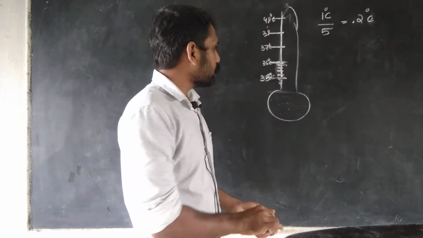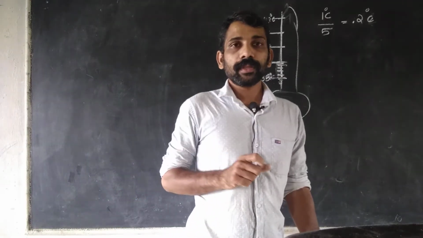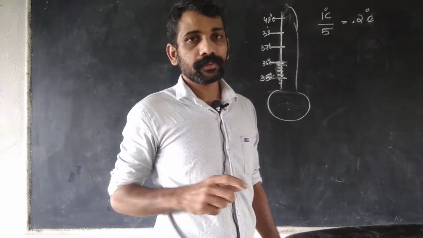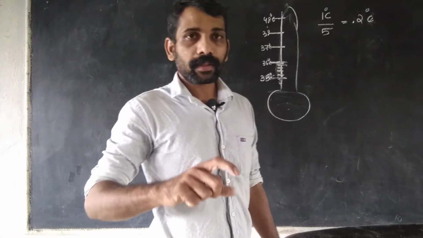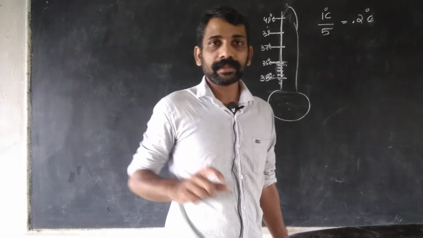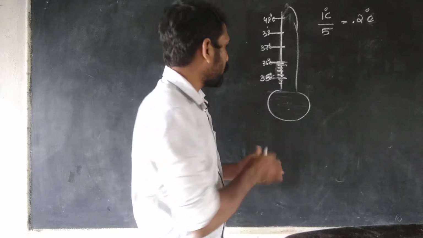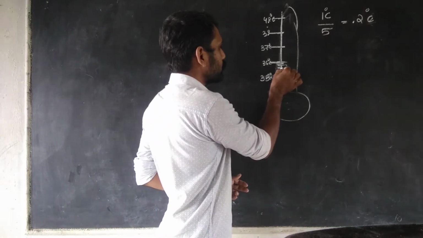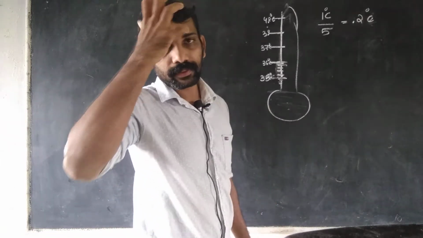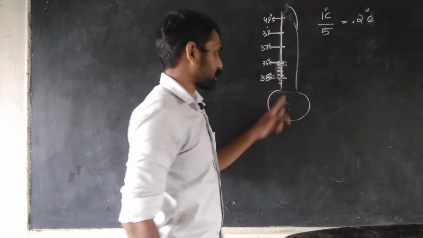So the temperature difference between two consecutive bigger marks is 1 degree Celsius. Each 1 degree Celsius is divided into 5 divisions, 5 marks.